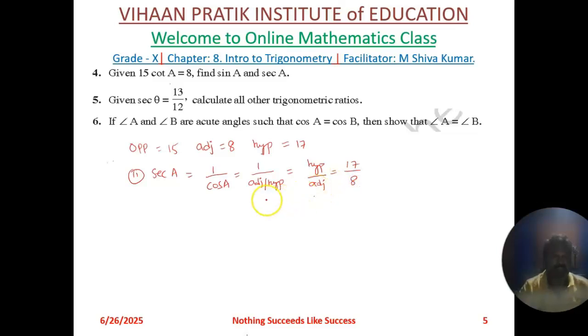Now these are the two trigonometric ratios, sin A and secant A.